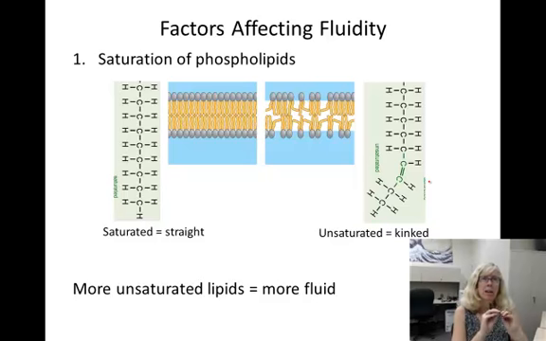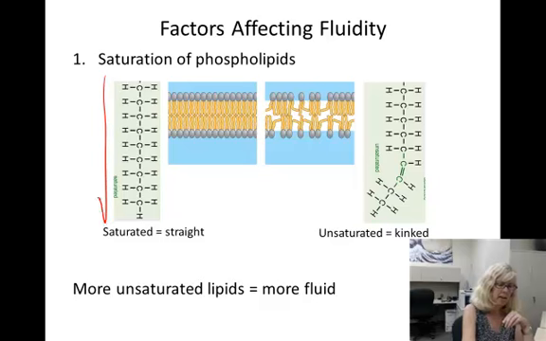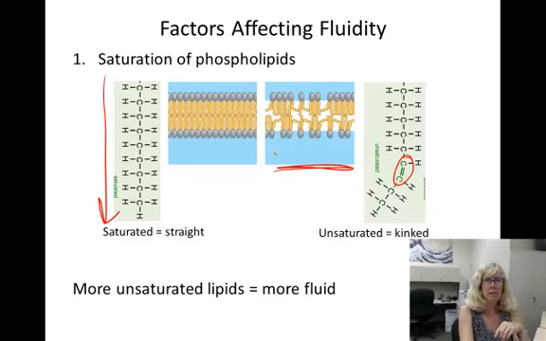If each carbon has two hydrogens, the tail is called saturated with hydrogens, as you can see here, and is a very straight tail. If a carbon, however, has a double bond, instead of some hydrogens, it becomes unsaturated, it's not full of hydrogens, and this makes a kink in the phospholipid tail. So as you can see, a membrane with a lot of unsaturated phospholipids is going to be more loosely packed and therefore more fluid.